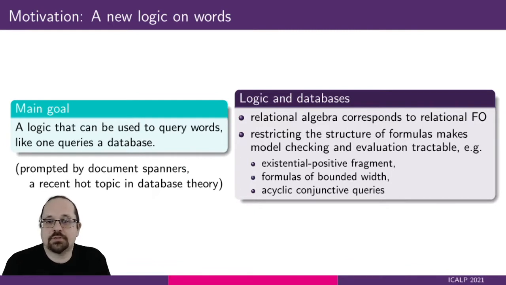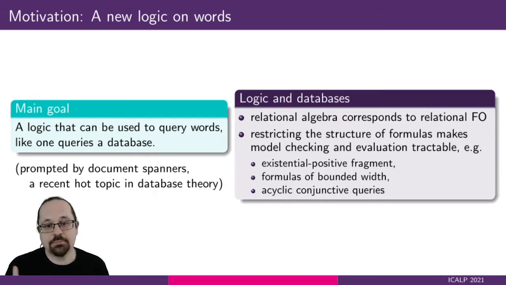So if we focus on a fragment like the existential positive fragment, bound the width of the formula, more about that later, or look at acyclic conjunctive queries, which can only share variables in a very bounded degree, that's a formal description. Then everything becomes tractable, and we go from NP-completeness, for example, to actually polynomial time and low polynomials. And that's something that we want for our logic as well.